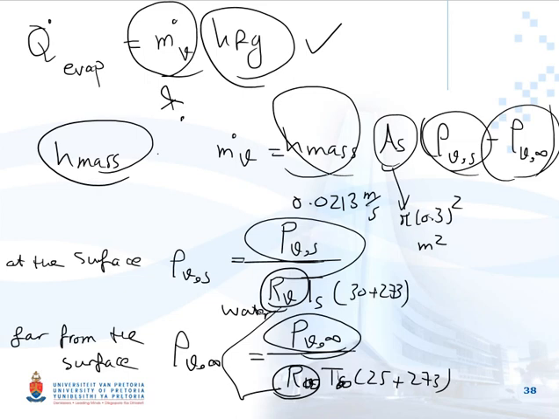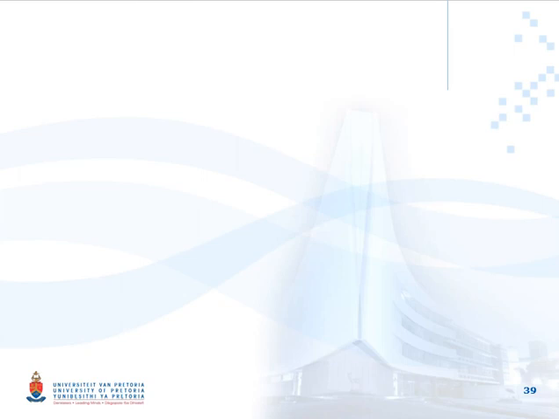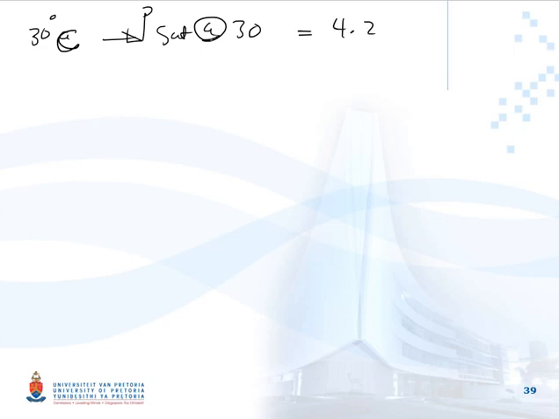The air at the water surface is saturated. We have 30 degrees, so the saturation pressure P sat at 30 is equal to 4.246 kilopascal.